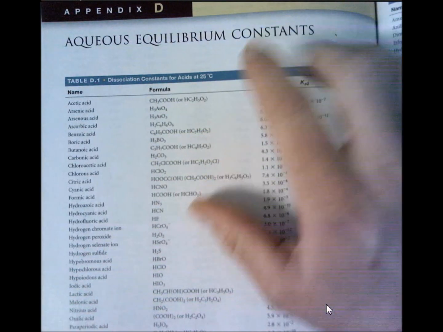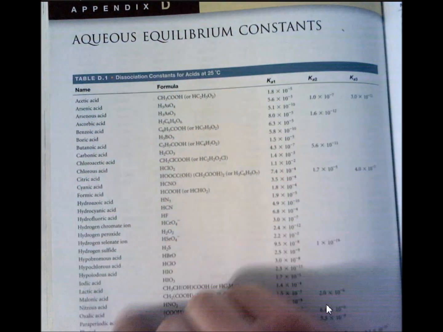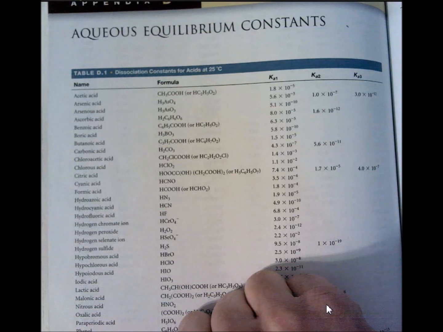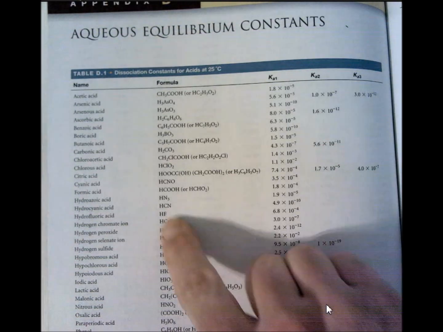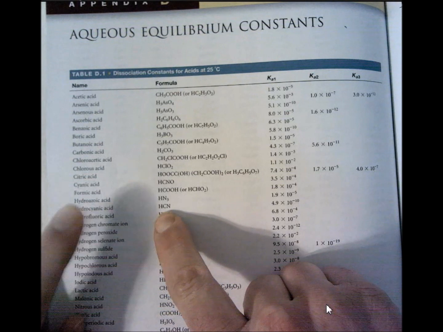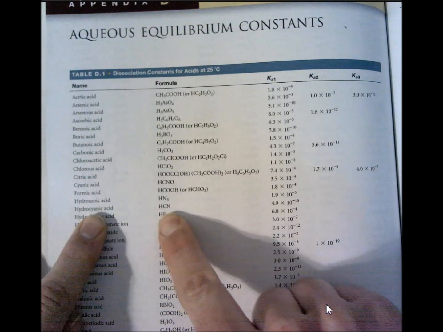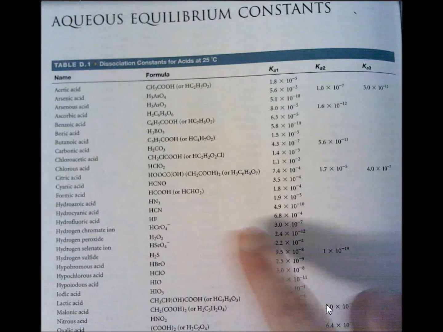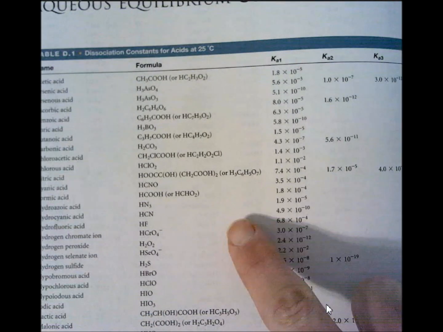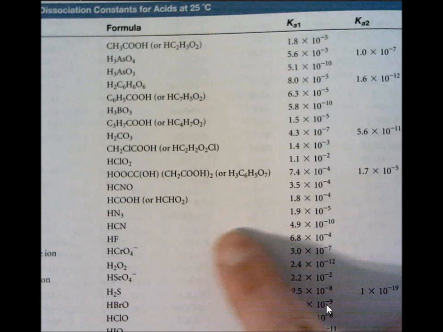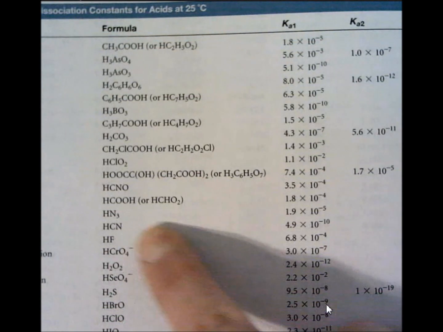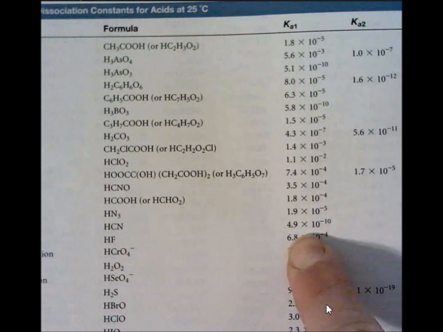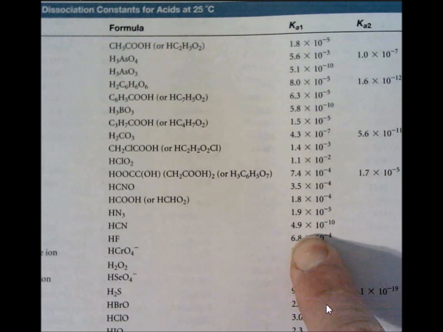If you find this, it's not very big here. Maybe I'll zoom in a little bit. Oh, perfect. HCN, if we scroll over, has a Ka value of 4.9 times 10 to the negative 10th. So what we're going to do is write that value down, 4.9 times 10 to the negative 10th, right onto our value for Ka.